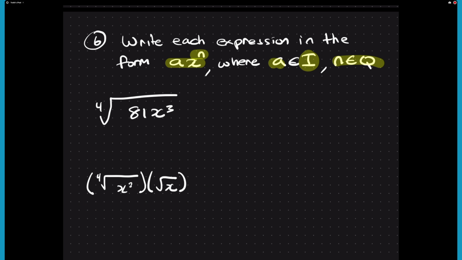So what I want to do is see if I can pull that 81 out of there, first of all. So is 81 a perfect power of 4? So again, I want to check 2 times 2 times 2 times 2, 3 times 3 times 3 times 3, 4 times 4 times 4 times 4. I know it's not 5 because that was done in the last question. 4 would be too much.